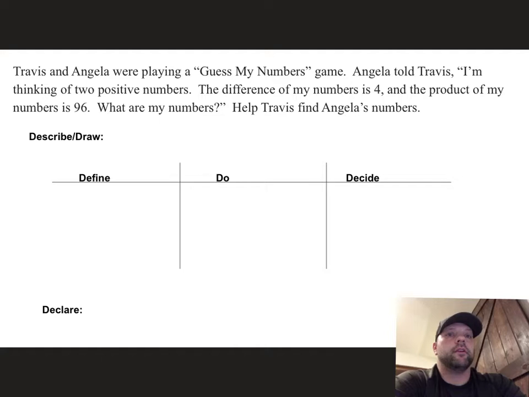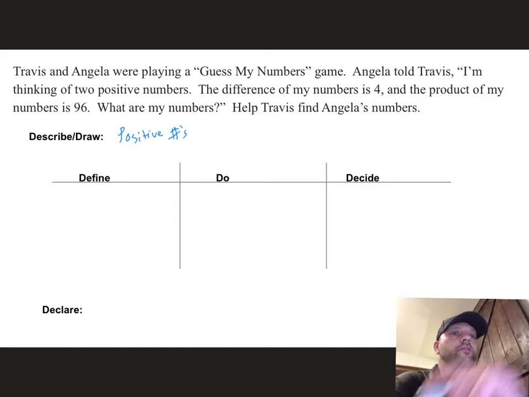So we have two positive numbers. I just want to write positive numbers, so I don't get confused with the two in there.